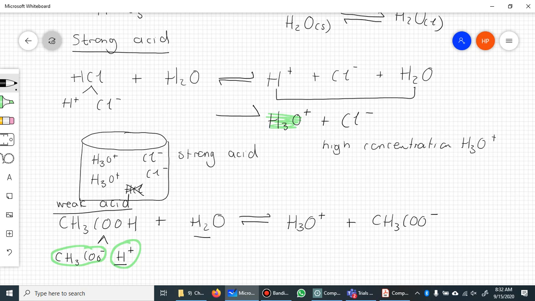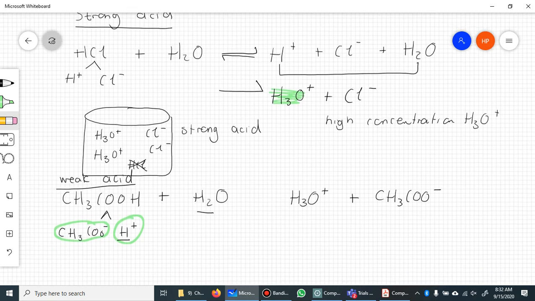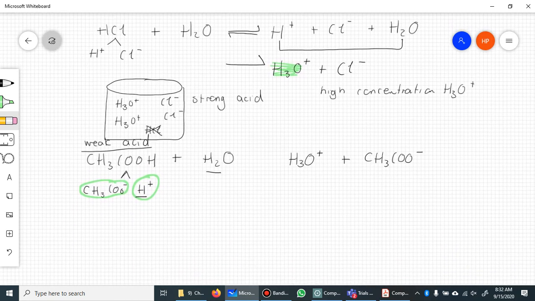So this breaks up with water and it forms this and this. Now, help me with the arrows, because the definition says it breaks up partially. Maybe let's draw it first and then you can help me with the arrows. If you had a beaker of acetic acid dissolved in water, what would you see a lot of in the beaker if you could see the particles?